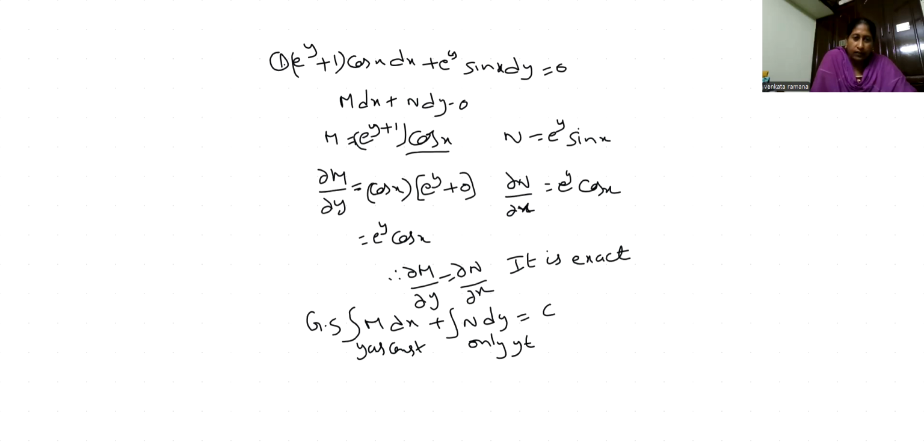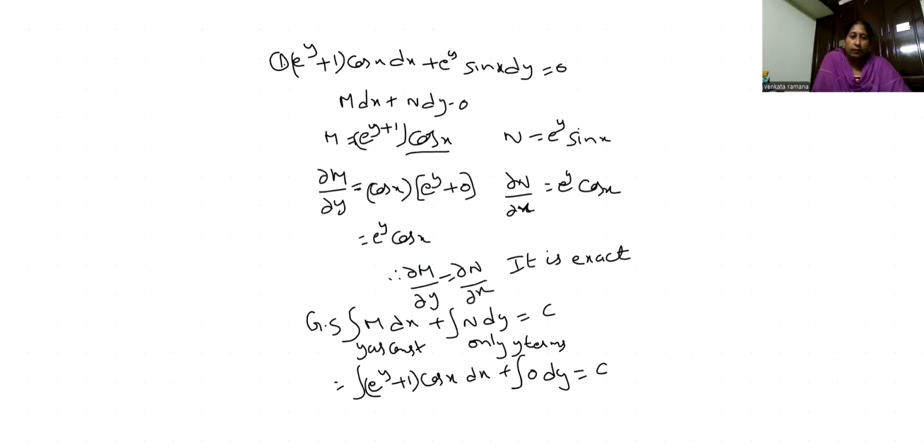So that is the integral of (e^y + 1) cos x dx. In N, there is a mixture of y and x, so we don't have any pure y term here. So we keep 0, and that equals c.